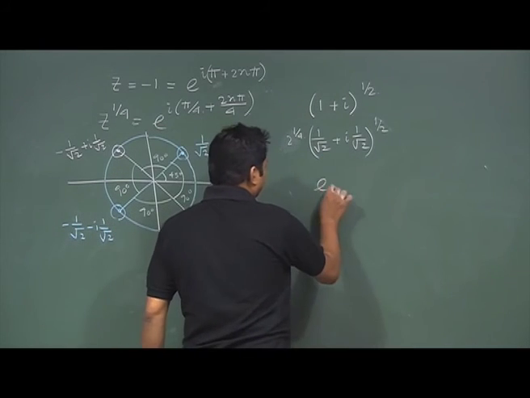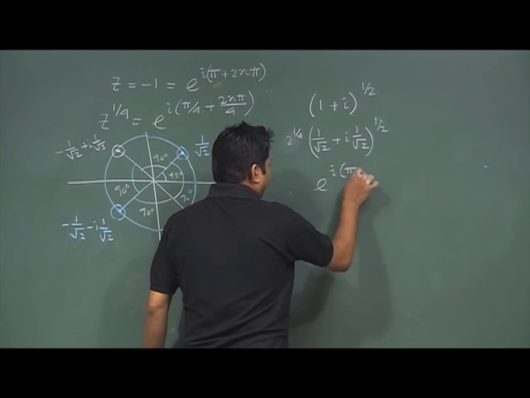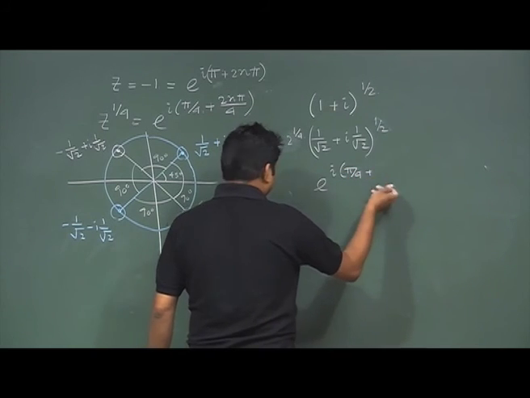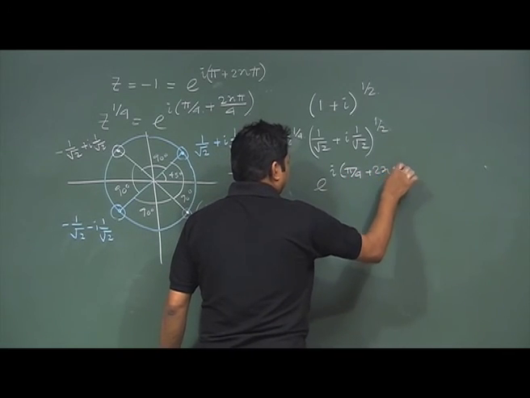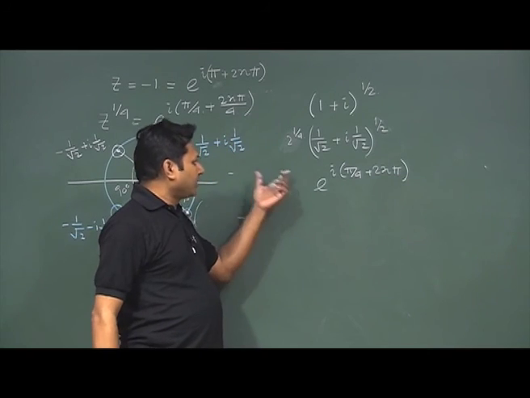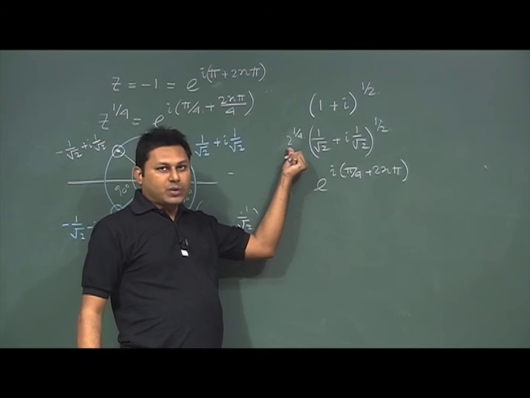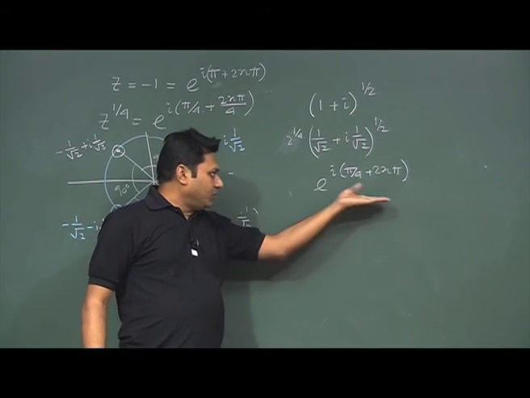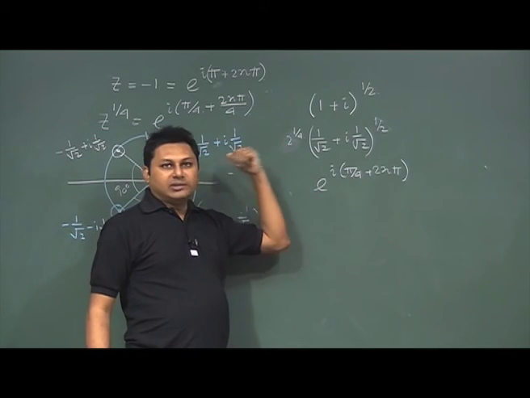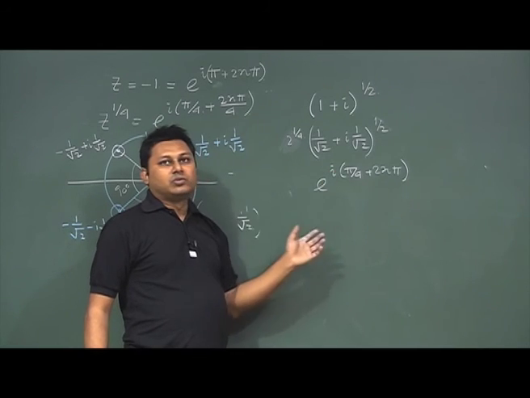So, it will be e to the power of i pi by 4 plus 2 n pi, and then you proceed, because now your r is slightly changed, instead of 1 now it is 2 to the power 1 by 4, and then you proceed with the similar procedure, and you will find the roots of these things.